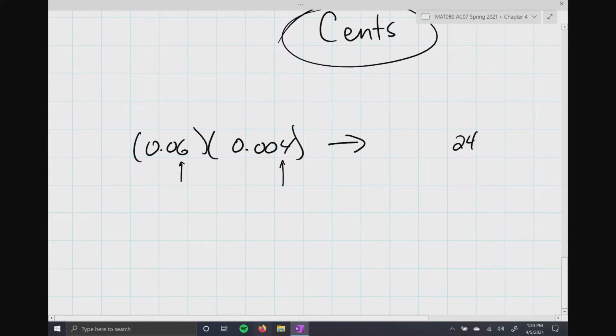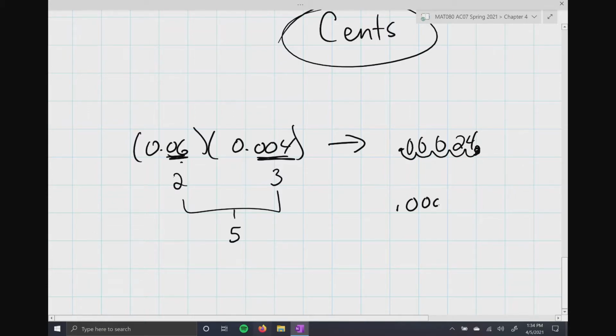Good, 24. How many decimal places here in the first number? There are 2. How many in the second number? There are 3. So your answer better have how many? 5 decimals. 1, 2, 3, 4, 5. So there's your estimated answer right there. 0.00024, which is extremely close to 0.